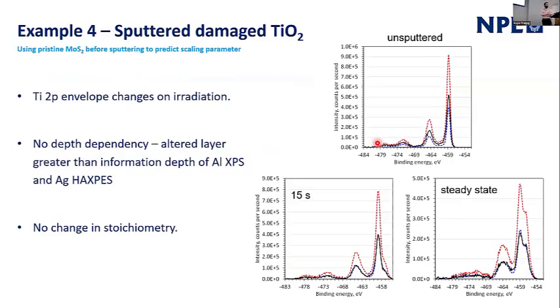And then the final example was where it didn't really work much at all. This was for titanium oxide. The problem here is that the moment you start sputtering, it damages so readily that you're basically damaging beyond the information depth of both the XPS and the HAXPES.